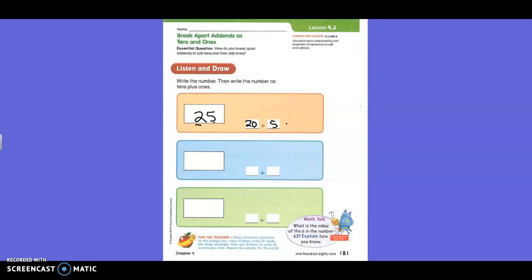Now in the blue one, I want you to write the number 36 in the big white box. Okay. Now, if you are going to break that apart, how do you know the value of each digit in 36? What's the value of the first digit, the 3? What's the value of 3, Kason? 30.